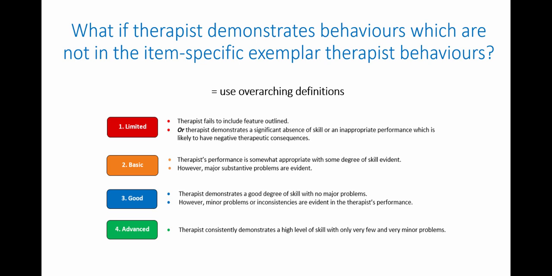So what we would say is, if something comes up that's not in those item-specific exemplars, go back to the overarching scale definitions. So as you can see on the screen in front of you here, think about, well, was that performance in line with 2, in that it was some degree of skill evident, but there were some major substantive problems? Or was it actually that there was a good degree of skill with no major problems, just a few minor problems and perhaps some inconsistencies, in which case you might want to award a 3. Good.